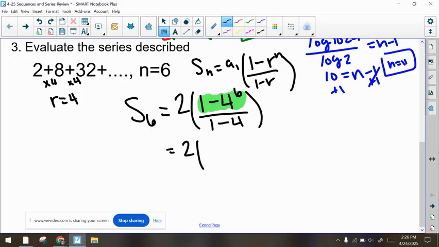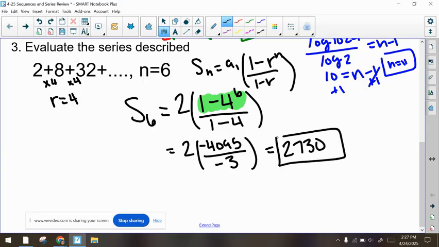So if I type into my calculator 1 minus 4 to the 6th power, I get negative 4,095. And I'm going to divide that by negative 3. 1 minus 4 is negative 3. And then the rest of this, I can just type in one step in my calculator. So 2 parentheses, negative 4,095 divided by negative 3.